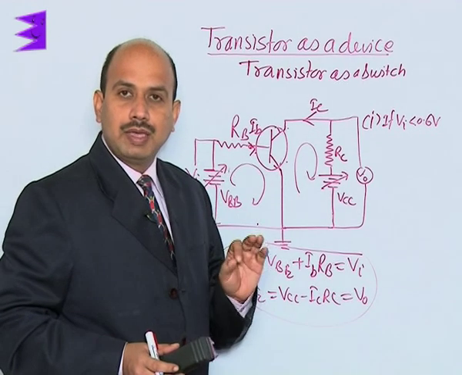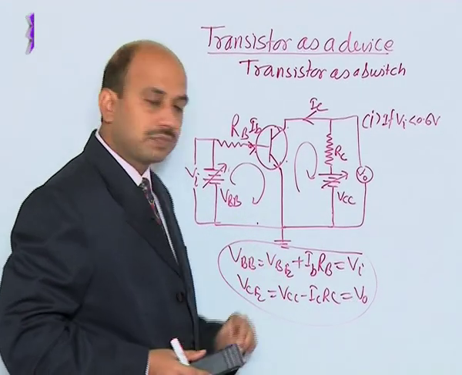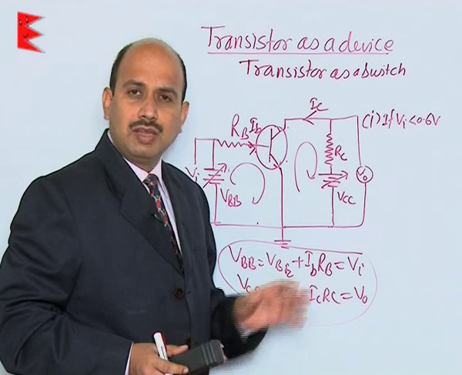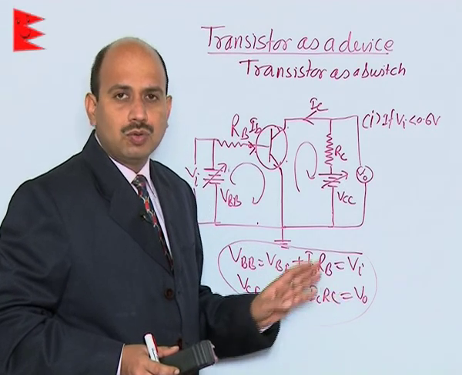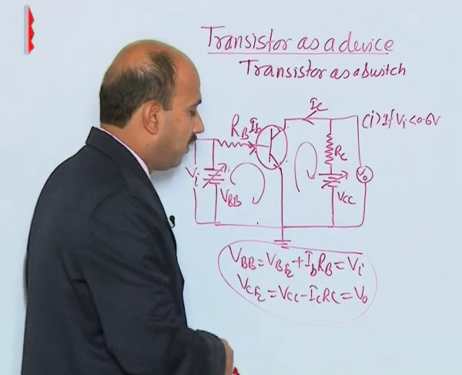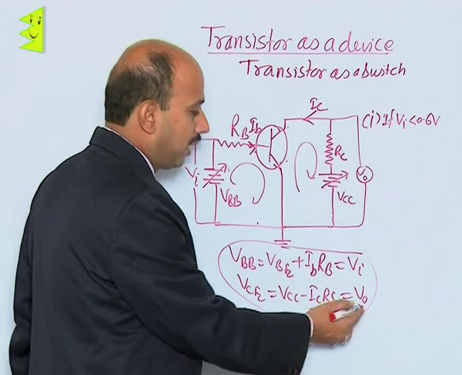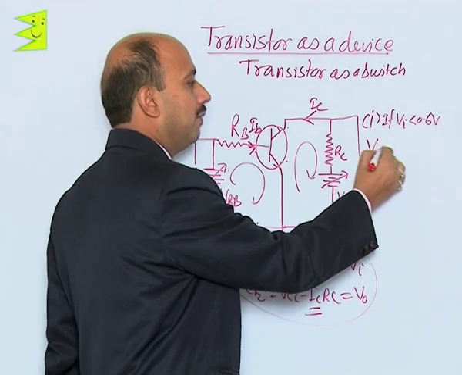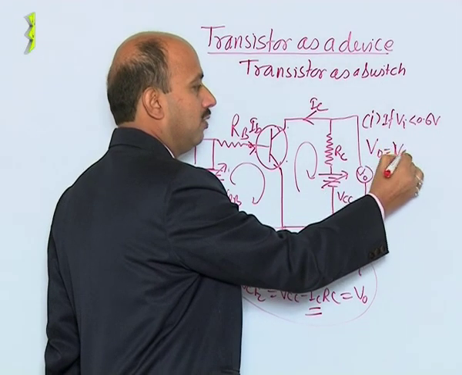It means IB is 0 in this case. If IB is 0, there is no base-emitter current, IE is 0, as a result IC is 0. If IC is 0, then the output we get is maximum, and VO is equal to VCC.